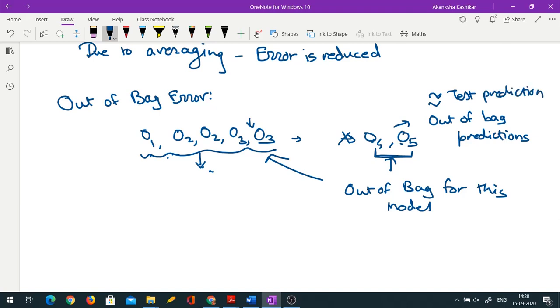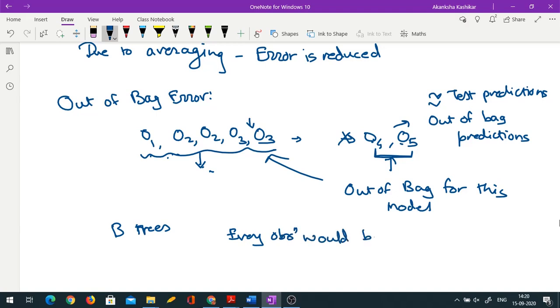Okay. So such out of bag observations or out of bag predictions would be used to get an estimate for test error. If you have B trees, it has been proved that generally every observation would be out of bag for roughly one third of the trees.